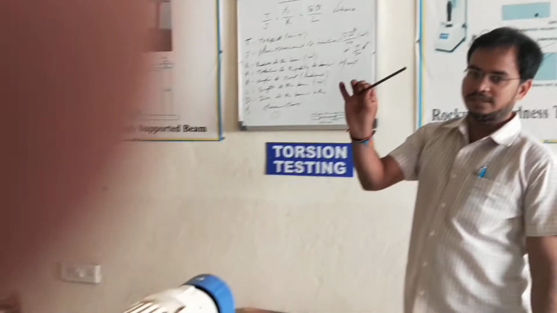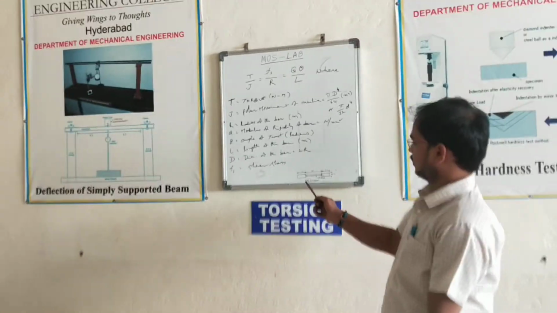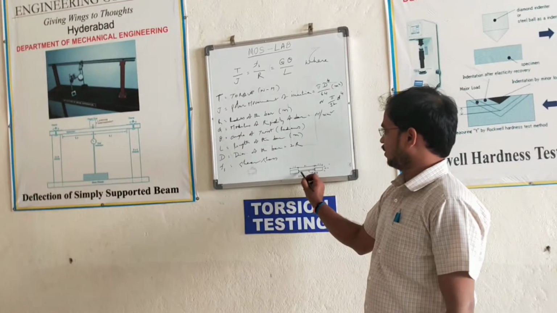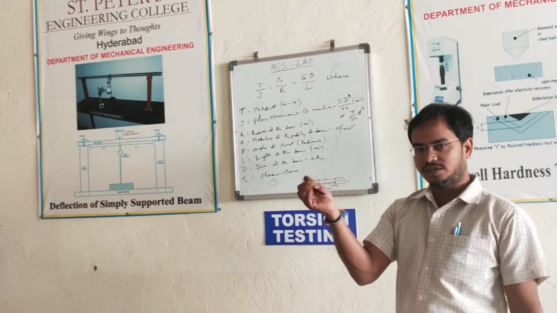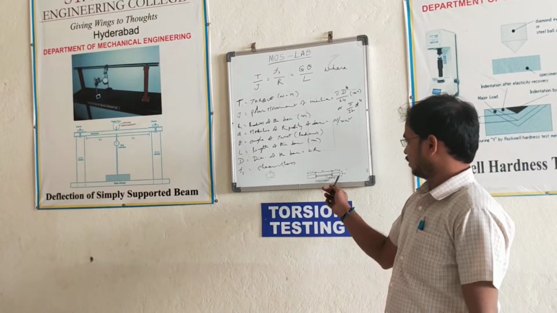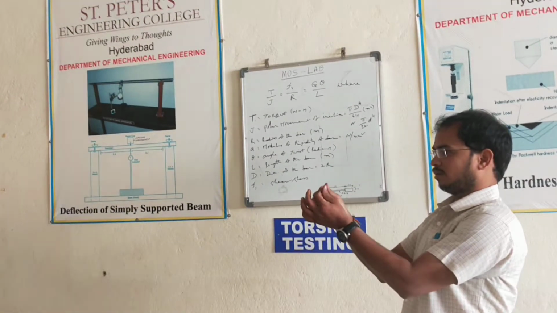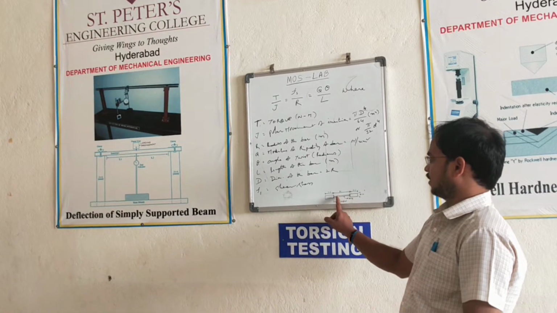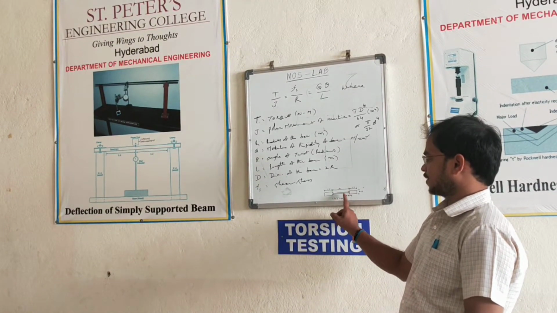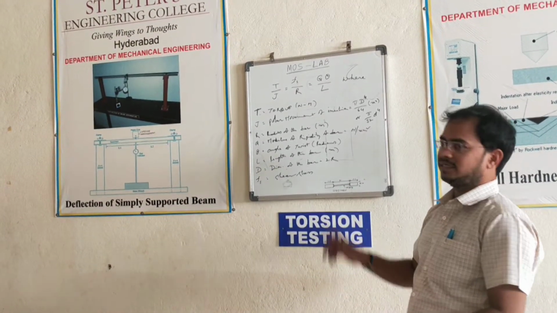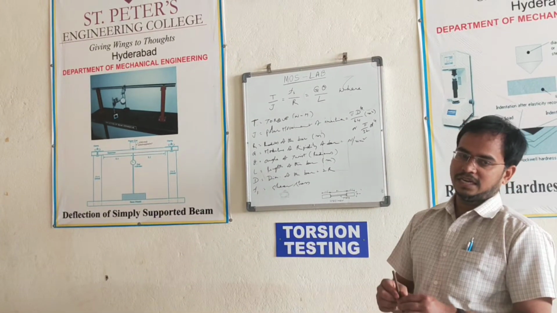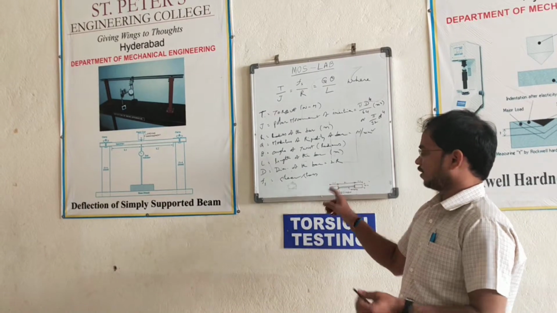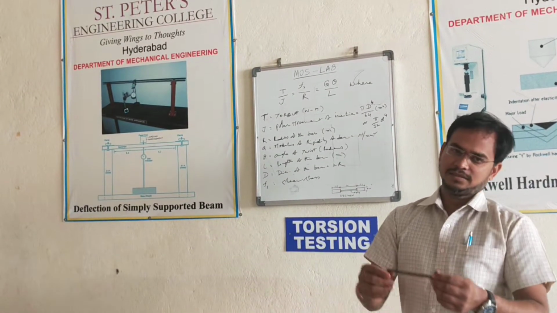Now according to the standards for this machine, the specimen should have a dumbbell shape. The outside diameter should be 10 mm according to the figure shown here, and the actual diameter of the specimen is 8 mm. 31.5 mm will be fixed inside the jaws.